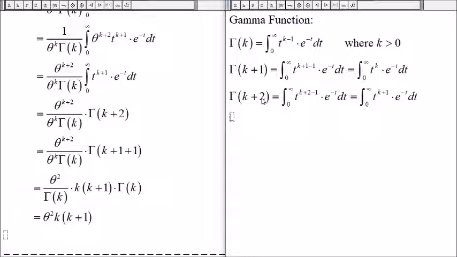For k plus 2, in the place of this k right here, we put k plus 2. K plus 2 minus 1 is k plus 1. So the integral from 0 to infinity with the integrand t to the k plus 1 times e to the minus t is gamma of k plus 2.